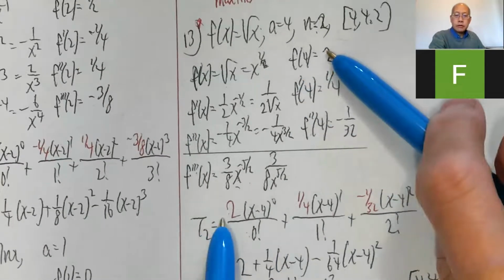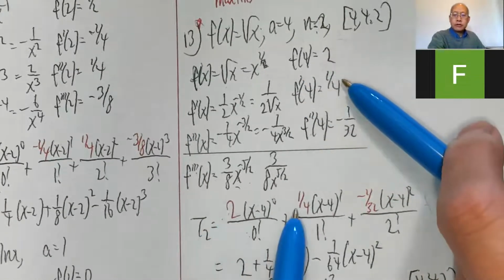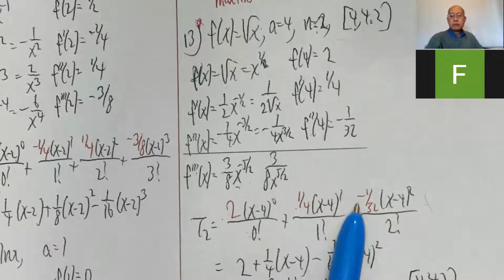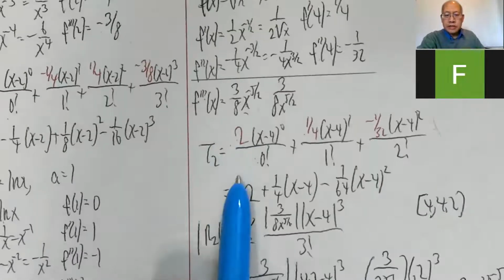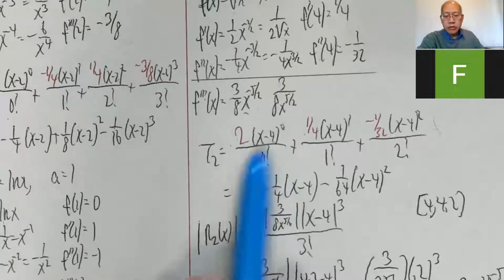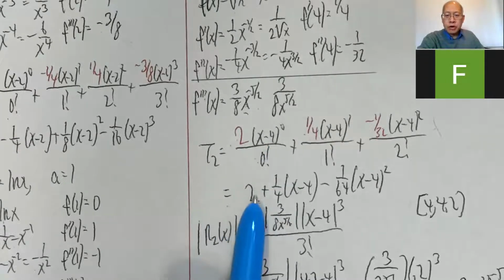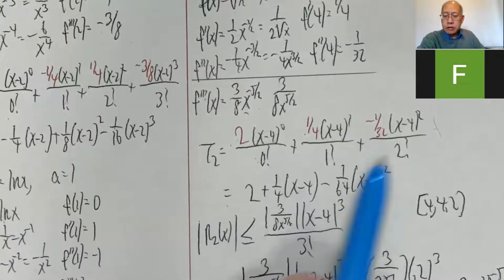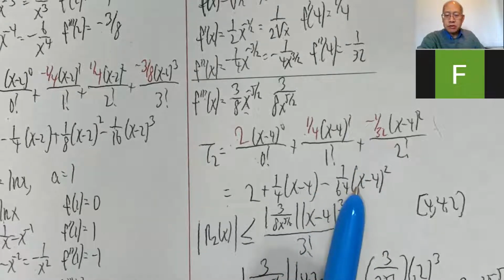This 2 goes here, 1/4 goes here, negative 1/32 goes here. Clean it up. So that's 2. This is 1. Anything to the 0 is 1. That's 1. So 2 plus 1/4 times x minus 4, minus 1/32 slides down with the 2, so negative 1/64 times x minus 4 squared.